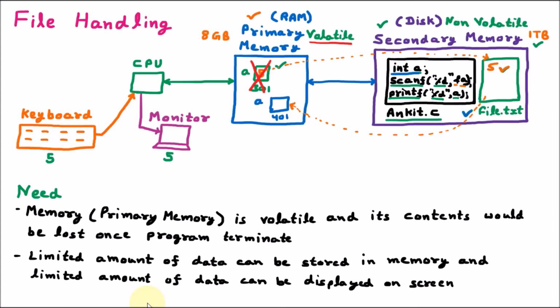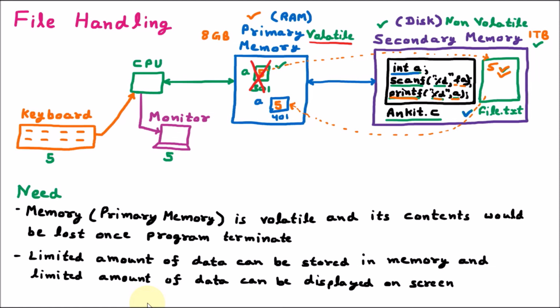We are taking the previous value and storing it here. Using file handling, we take the value 5 and store it again in the primary memory. Now in the program, we can display that or modify the value, whatever we want.